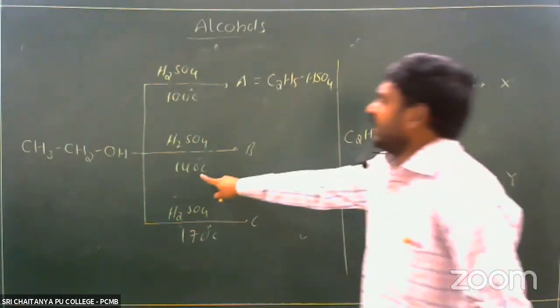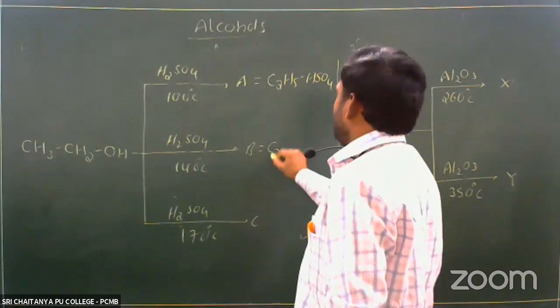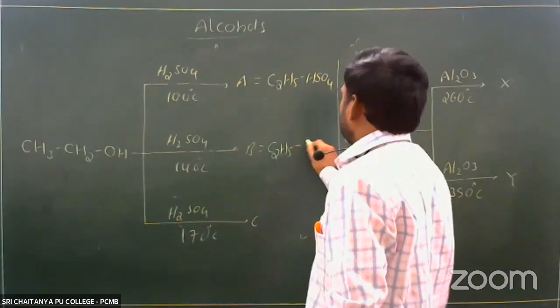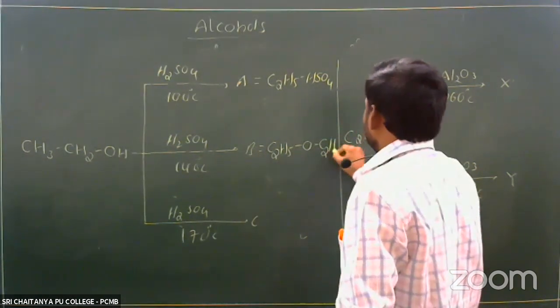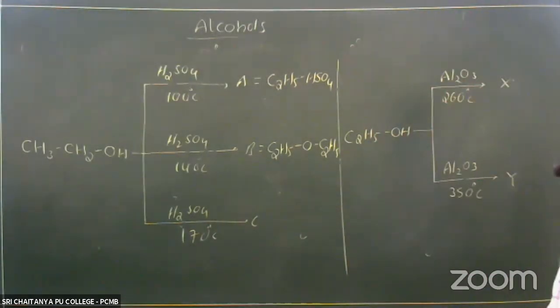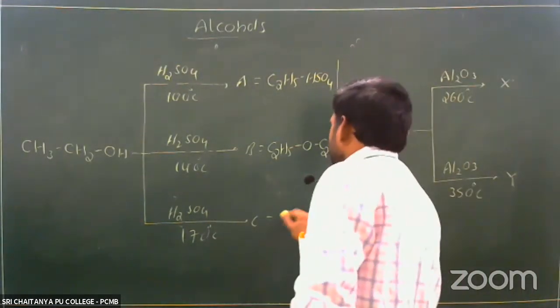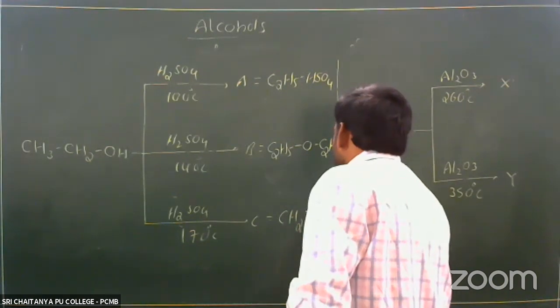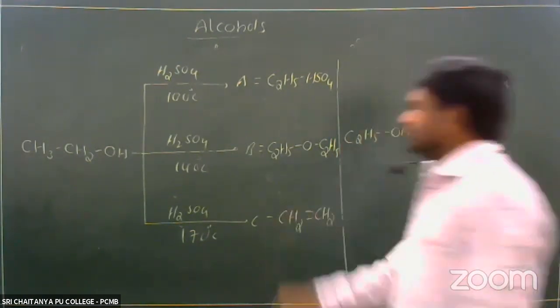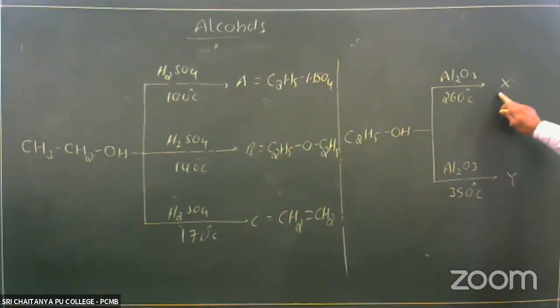What is B? At 140 degrees centigrade, it forms diethyl ether, C2H5-O-C2H5. What is C? C is ethylene, CH2=CH2. With alumina, what is X?